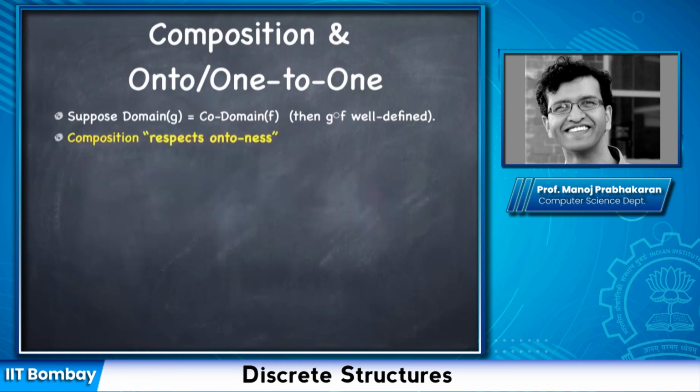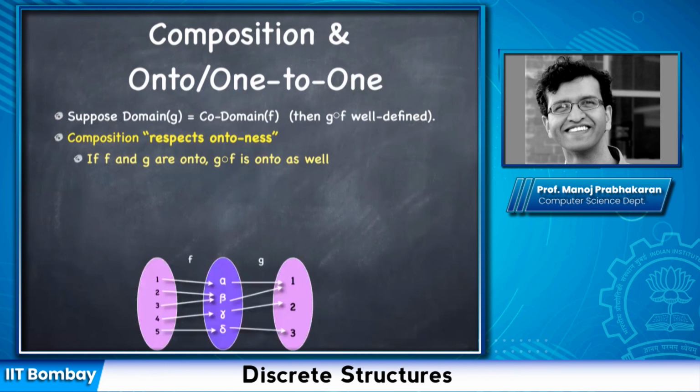Okay, so the first observation is that composition respects onto-ness in some sense. So what do I mean by that? If F and G are both onto, then their composition G of F is also onto. And so here is an illustration.